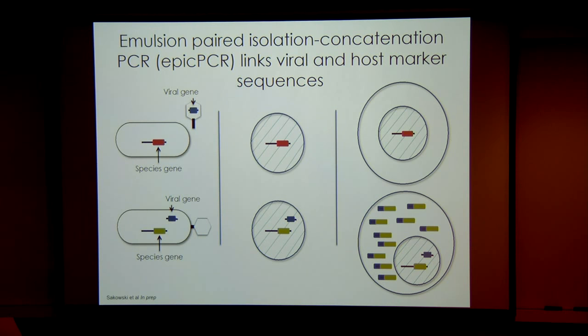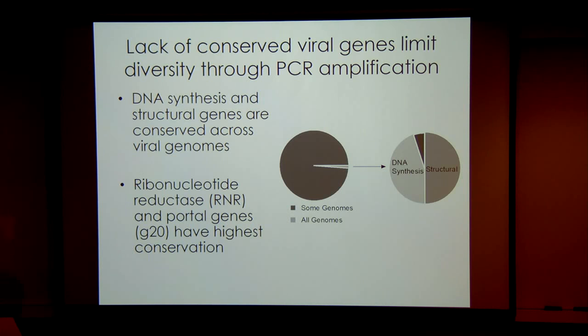The problem with this, though, unfortunately, is that the viral diversity is not well captured by one primer set. So unlike the bacterial diversity, which we can capture fairly well by targeting ribosomal RNA genes, viral genes don't have a universal marker where you can understand which organisms are present through this one primer set.